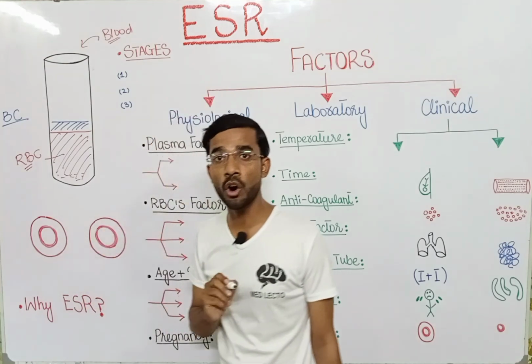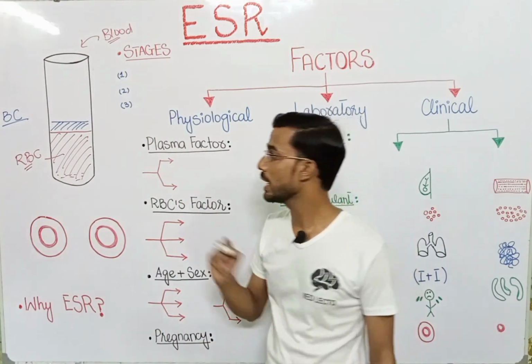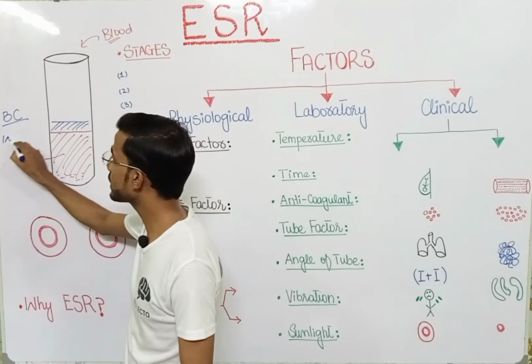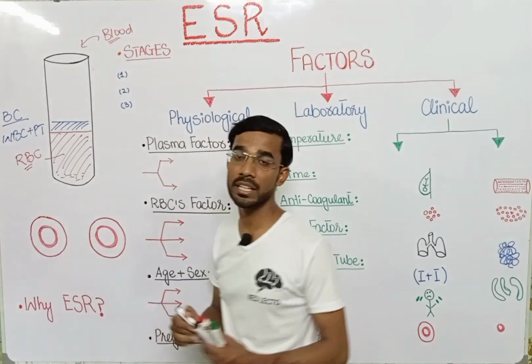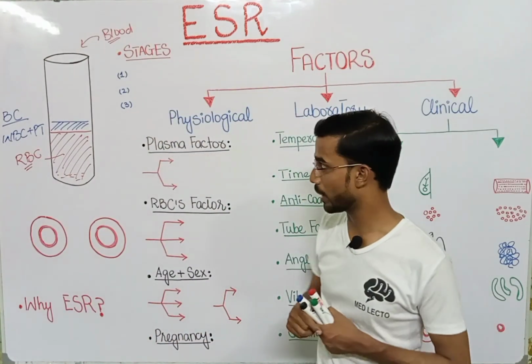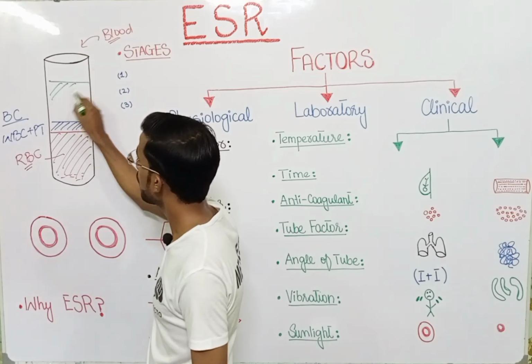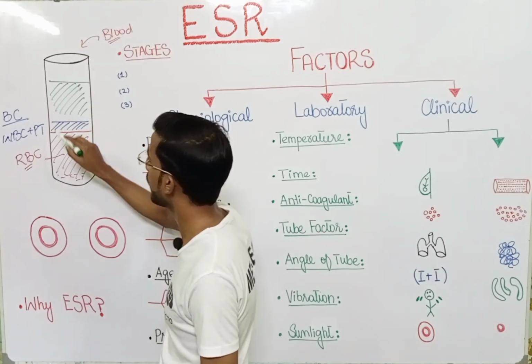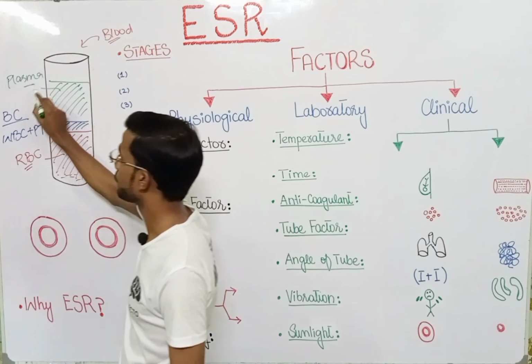In the buffy coat, you will see two important components of the blood, the white blood cells and the platelets. And the last will be the plasma that is present in the blood. So this is the plasma layer.